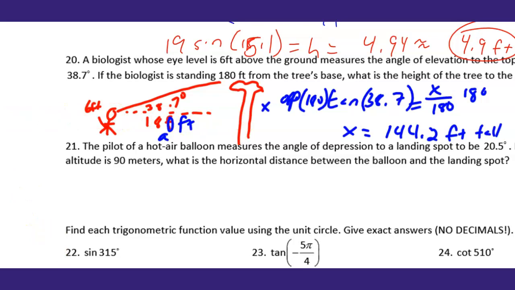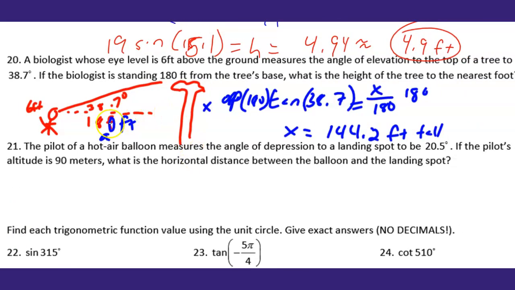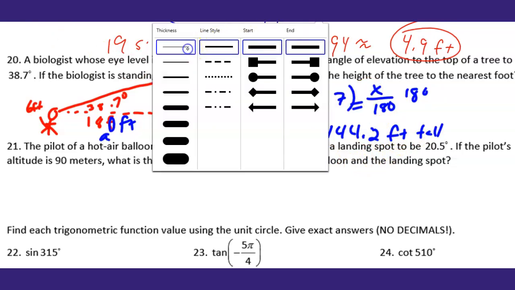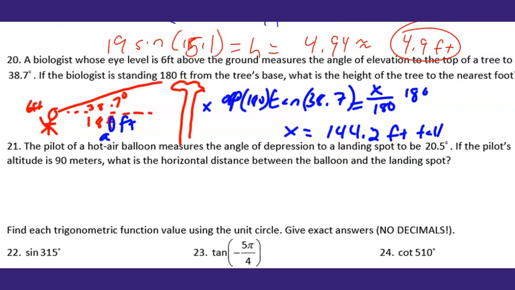For this next problem, a pilot on a hot air balloon measures the angle of depression. Actually, I got to go back to this problem. We're not done. There's one thing we got to factor in. What I didn't do was I forgot about this portion. The man is 6 feet tall. There's his vision at 6 feet.